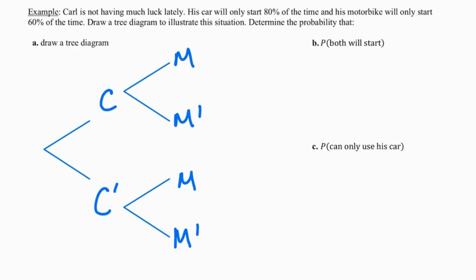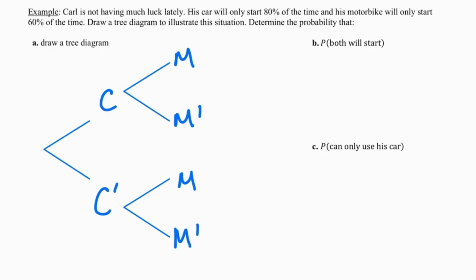All right, so sometimes it's nice to be visual about certain questions just so that you can see all the different possibilities. And again, this is something that we can do with sample spaces. Sample spaces can be tree diagrams. So I drew a tree diagram here where we have Carl that has a car and a motorbike, but they're not very reliable.